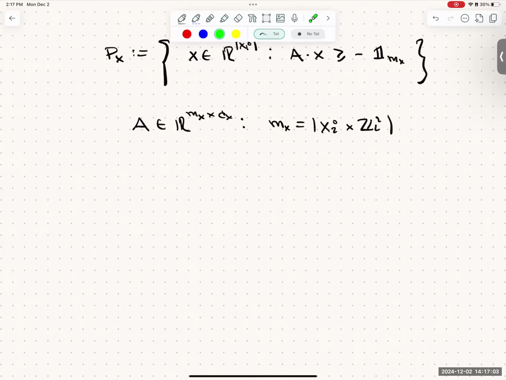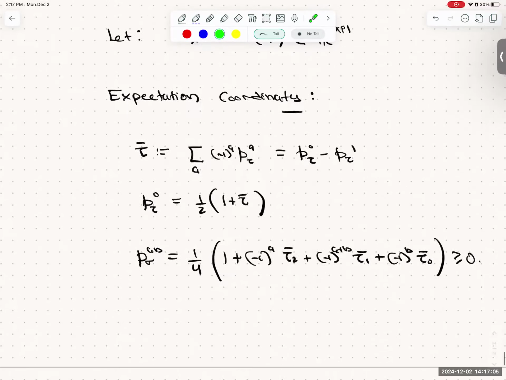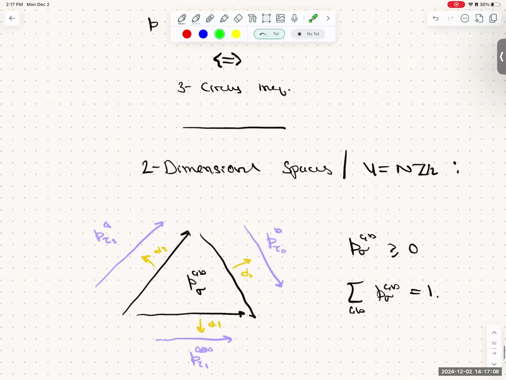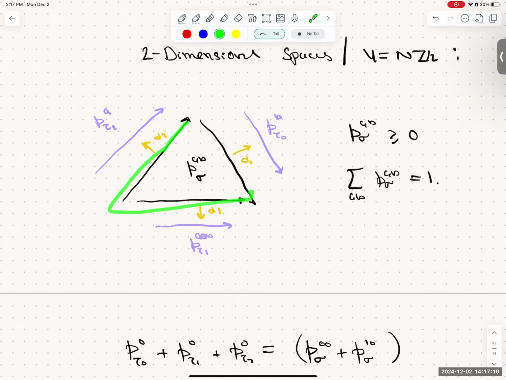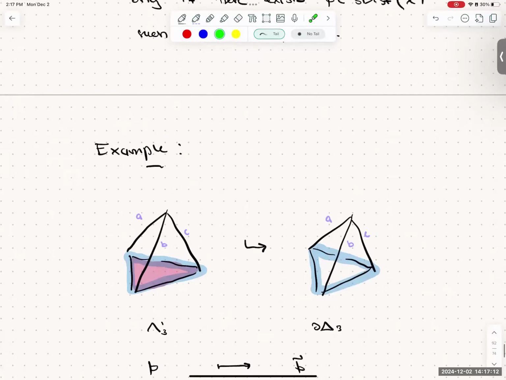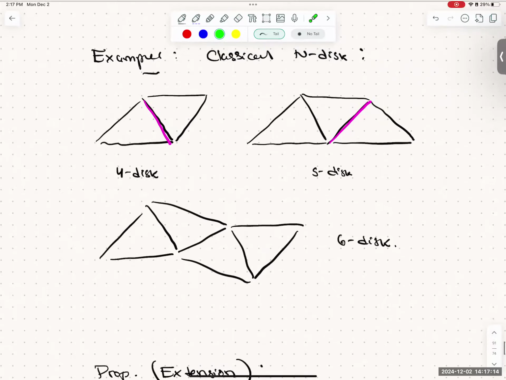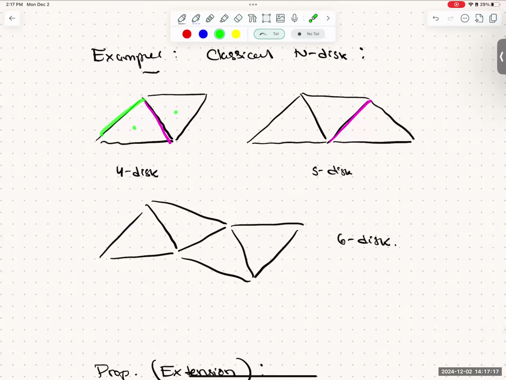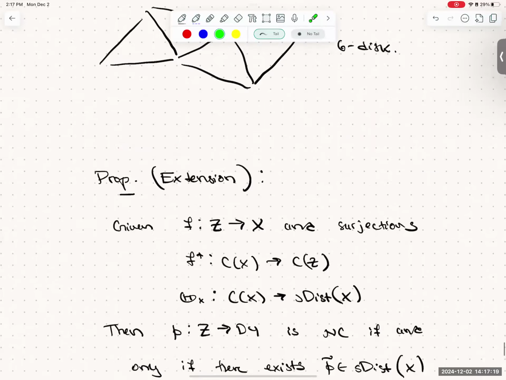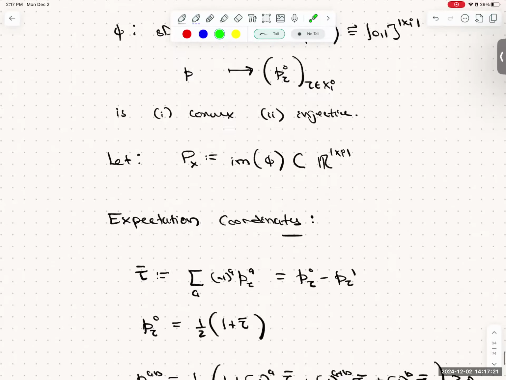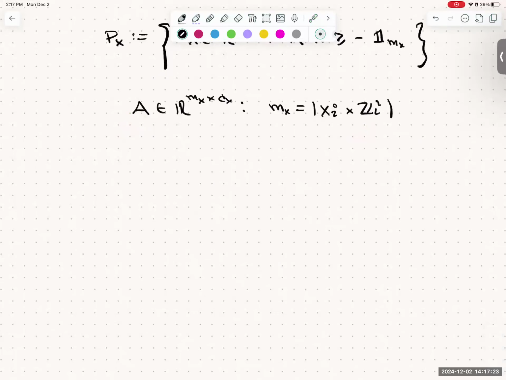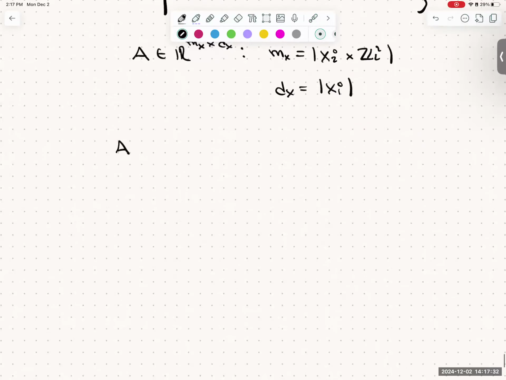Basically, I'm counting the number of probabilities in my two-dimensional space. If I have a picture like this one, then for every simplex I have 4 possible probabilities. That's all this is doing, just counting that. And then dx is equal to the number of non-degenerate edges. The formula for this is exactly as you might expect.